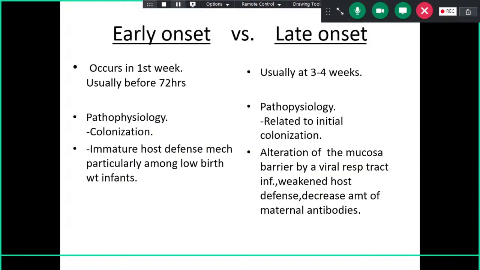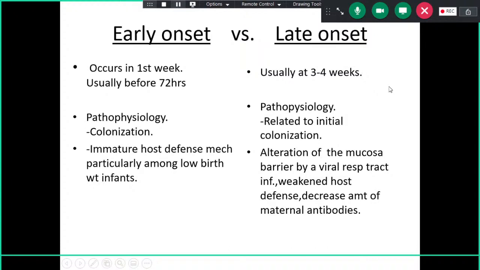So, a little bit about neonatal meningitis. There are two kinds of neonatal meningitis. One is early onset, within 7 days. This is where the organism comes from the birth canal. The other is late onset, within 28 days or 3 to 4 weeks.